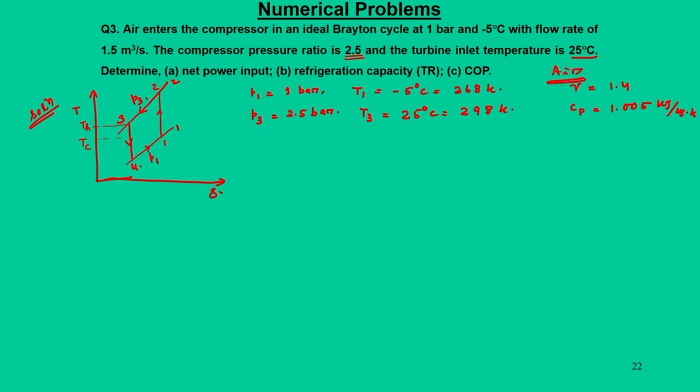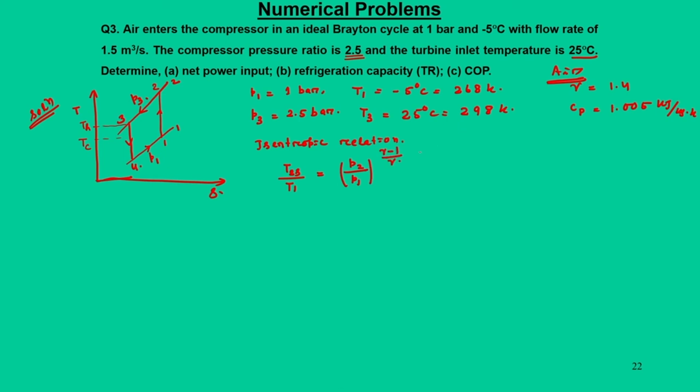Then we have to start the analysis. To start the analysis we have to recall the isentropic relation. For compressor and turbine, you can say T2s by T1 is equal to P2 by P1 to the power gamma minus 1 by gamma.